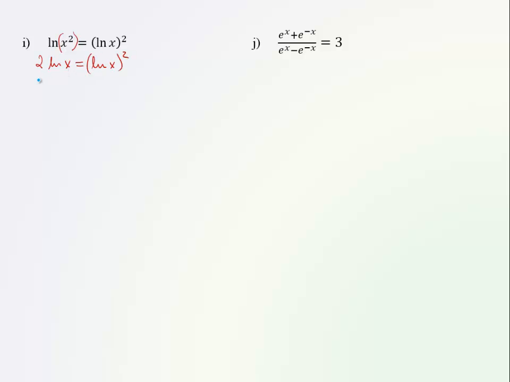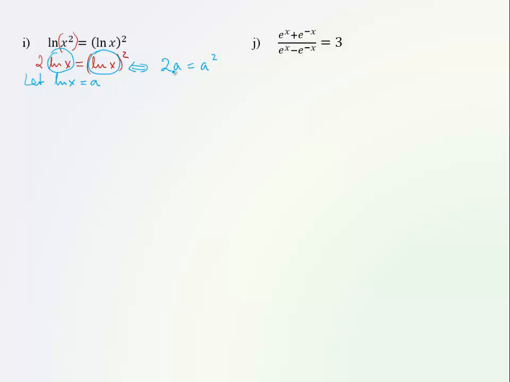And now observe that if we let ln x be called a, that means replace ln x here and there by a value a, we really end up with the equivalent equation of the sort 2a equals a squared. What would you do with this equation?